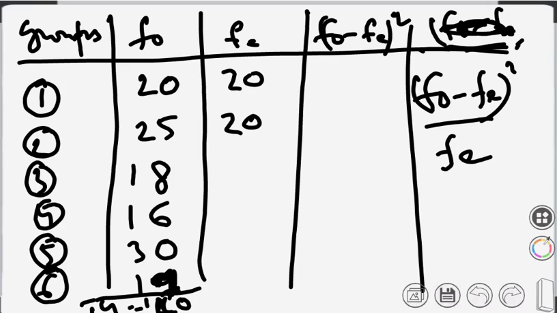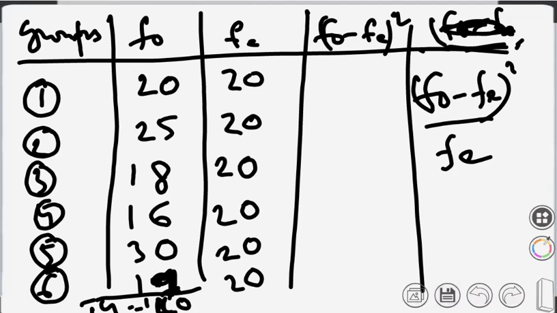frequency is 120 by 6, so all of them are 120 into 1 by 6. If it is an unbiased die, each face should have come up 20 times, because the total is 120 and there are 6 faces. So each of them will be 20. Got it?